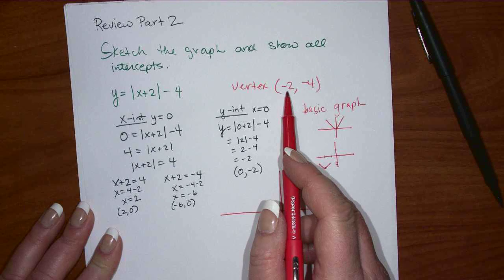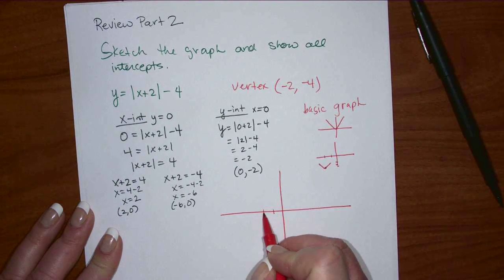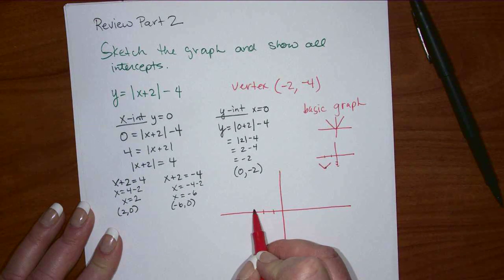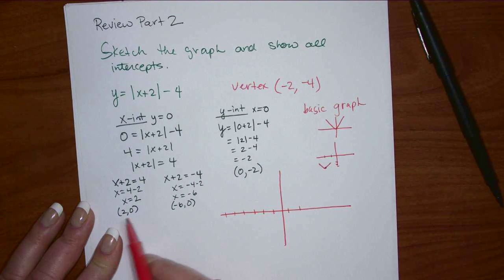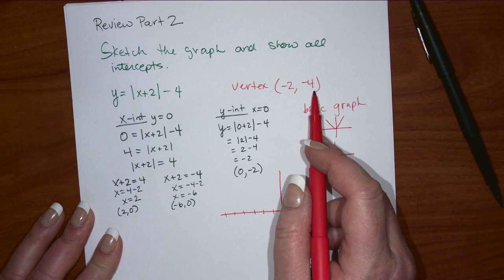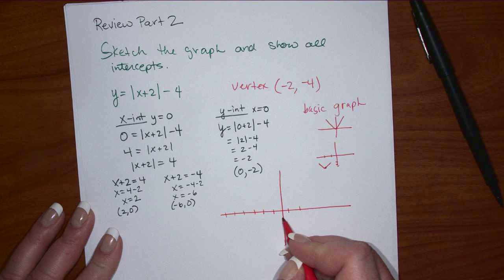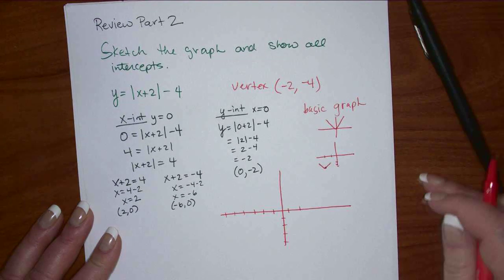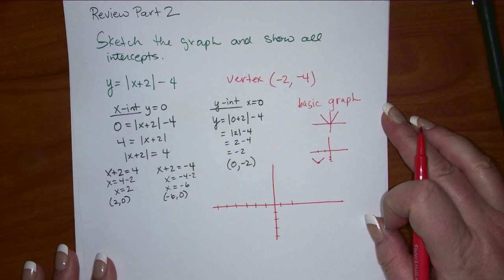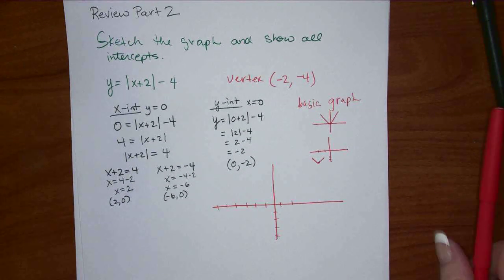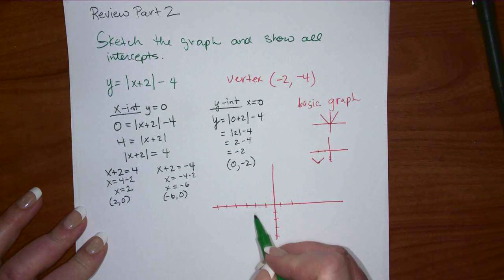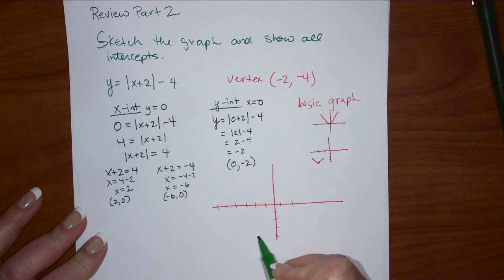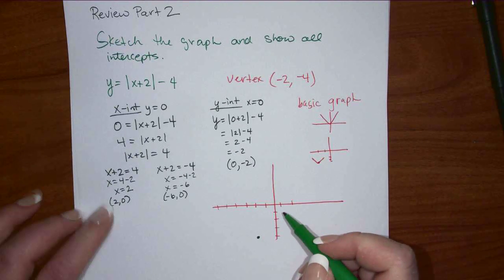So negative 2 all the way down to negative 6, positive 2, so the x values. The y values are negative 4, negative 2, and 0. Okay, so that should do it. So our first point, negative 2, negative 4. And then it's a v.